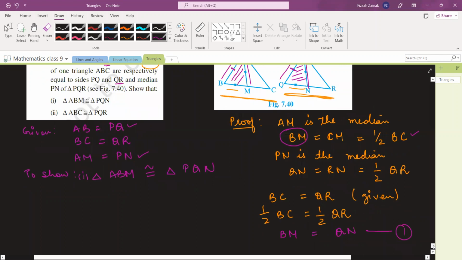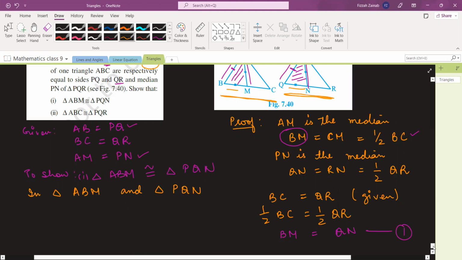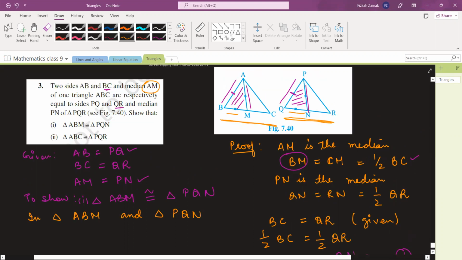Now you come to the two triangles which you have to show congruent. So in triangle ABM and triangle PQN, now you take them. In the question, two sides are already equal, it is given.